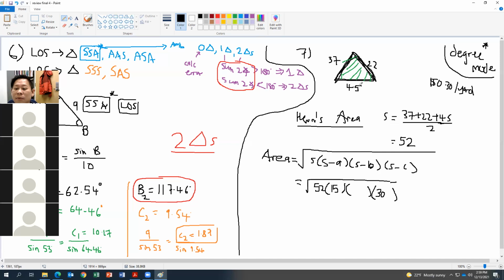And 52 take away 22 is 30, and 52 take away 45 is 7. So multiply all these numbers and take the square root of it, and your answer is in square yards. And don't forget, because they want you to find the cost, you just need to multiply this by 30 cents. Use the square root function on your calculators, and that will be your answer here.